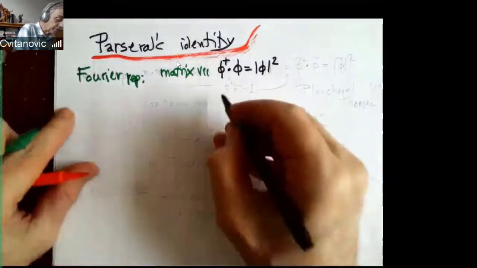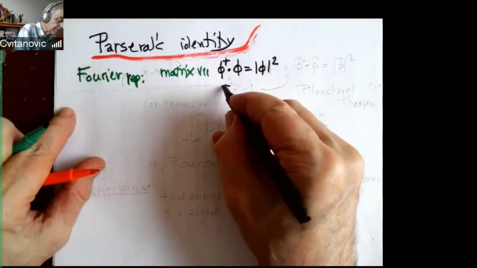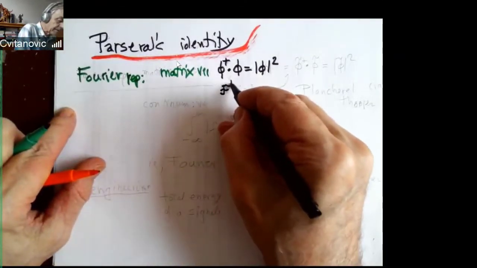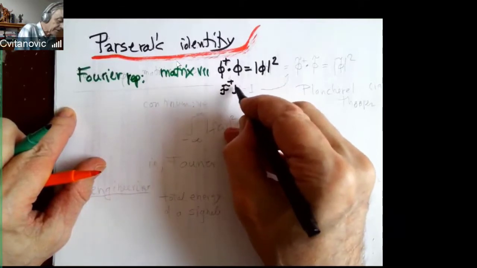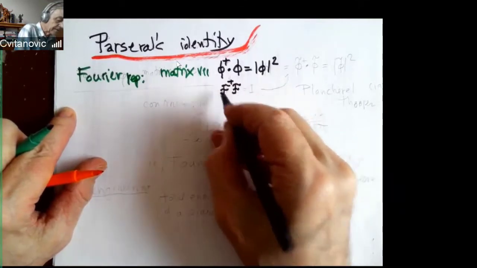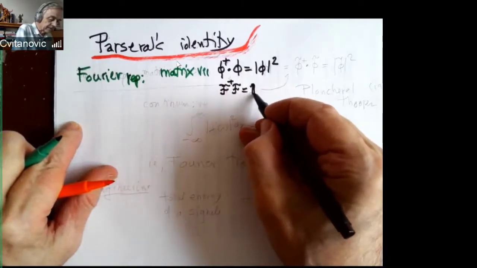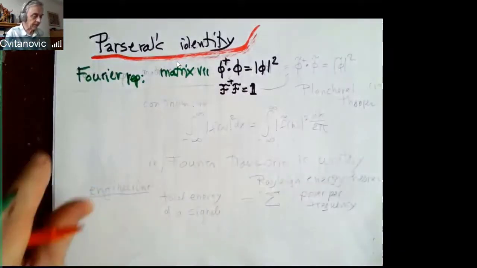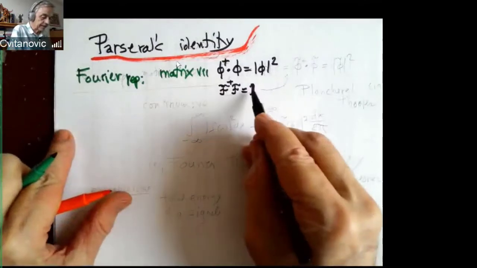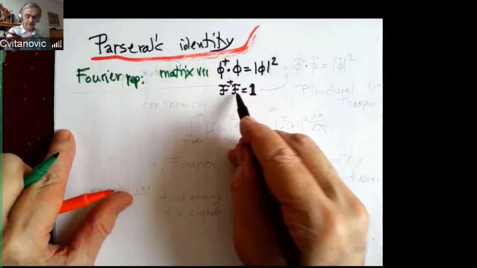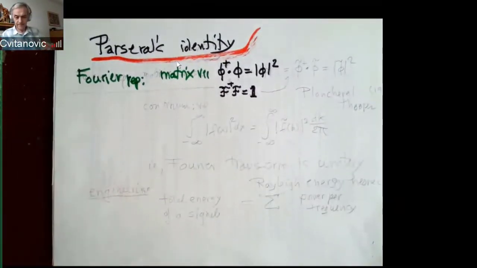I'm allowed to insert the Fourier transformation, which, remember, in this simple case was just a unitary matrix. So I'm allowed to put in an identity, if this is an n-dimensional vector, in which the identity is represented by the Fourier matrix, which is just a matrix of roots of unity to the power of the product of the two indices.